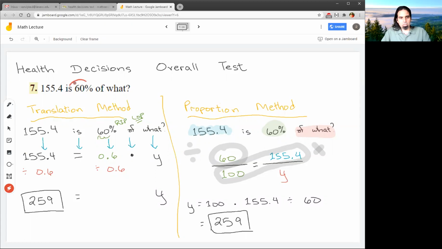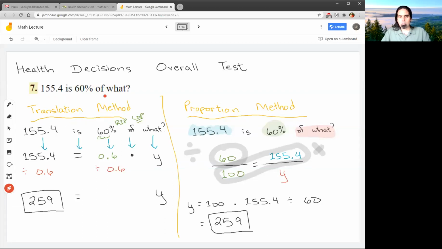So I want a little more than half, right? 50% would be half. So a little more than half of something is about 150. Does it make sense that a little more than half of 260 might be that? Sure, right? Half of 260 would be 130. This is a bit more, so that seems reasonable. We should think like that before we actually are done.